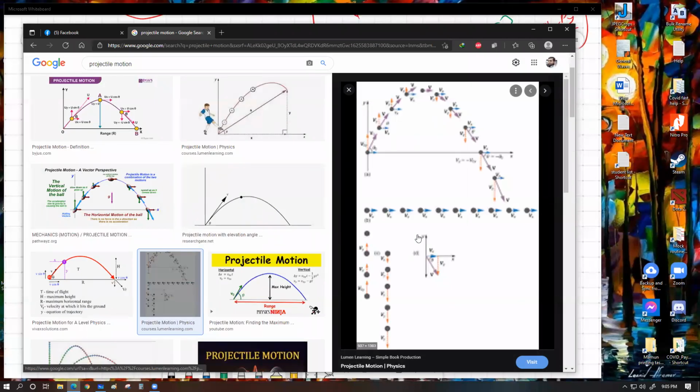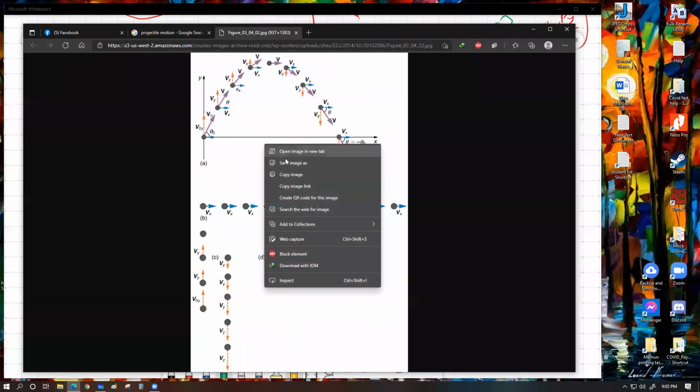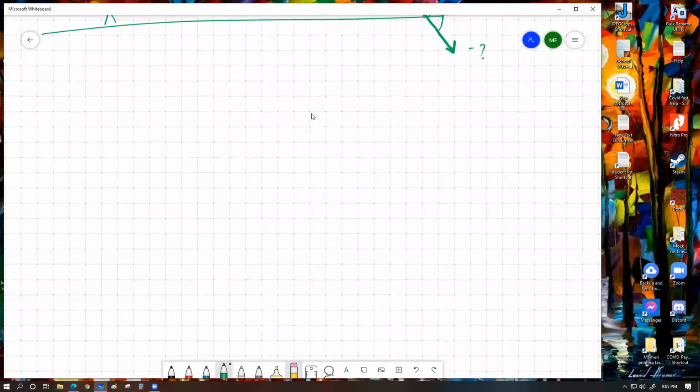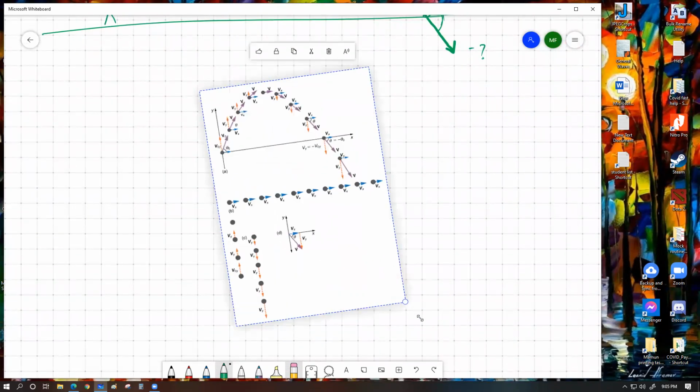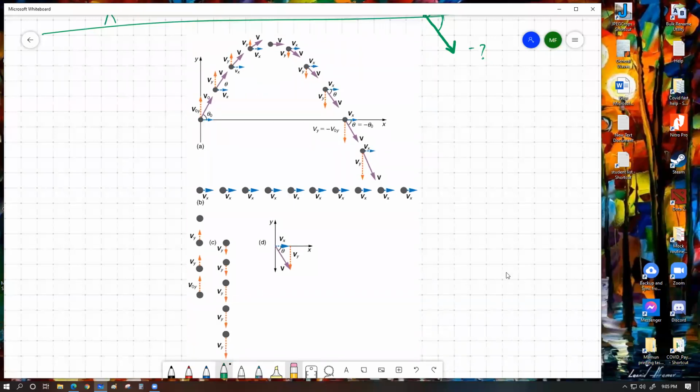How big is this figure? Big enough. Open image in new tab, copy image, paste. Okay. Try to have a look at this figure, and I'm going to help you understand it, so bear with me. Can you already see the arrows over here? Is it visible clearly? Yes, sir.